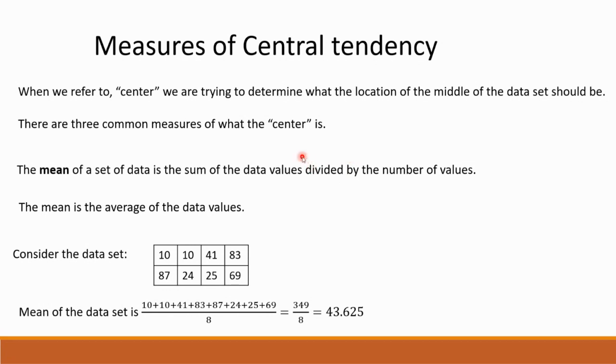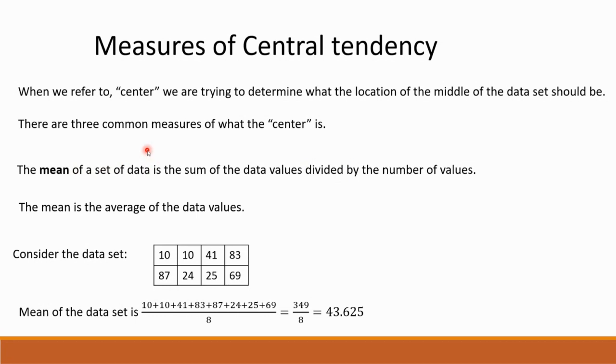Well, one way of stating the center is to use the mean of a data set. The mean of the data set, by definition, is just the average of the data values. Remember, here we're dealing with quantitative data values.